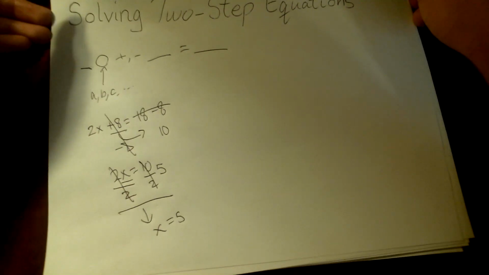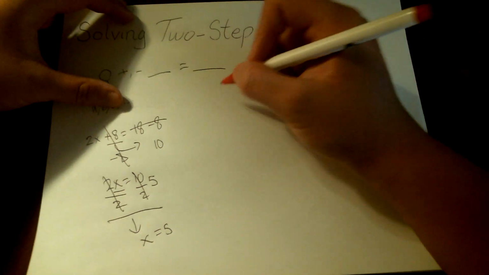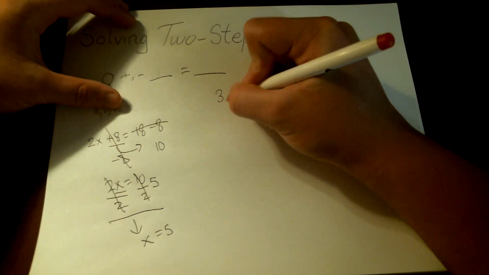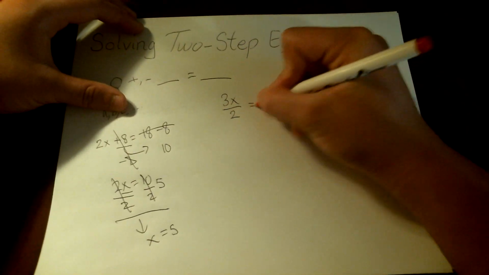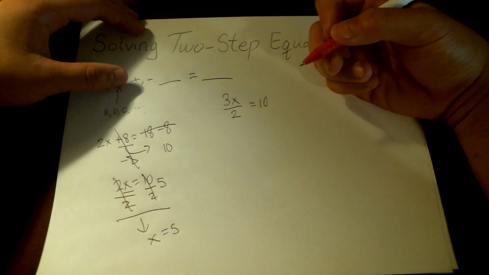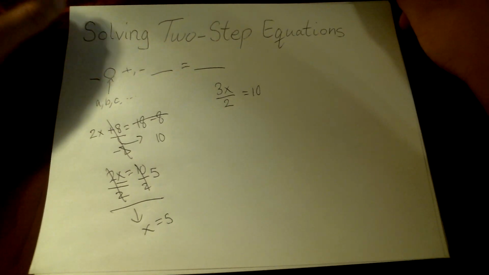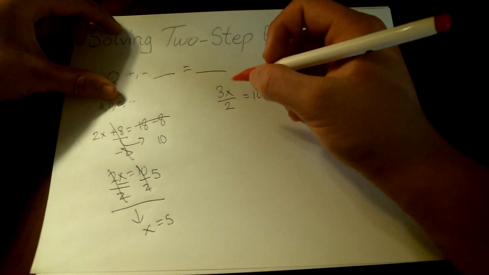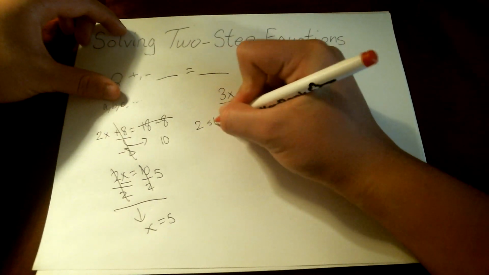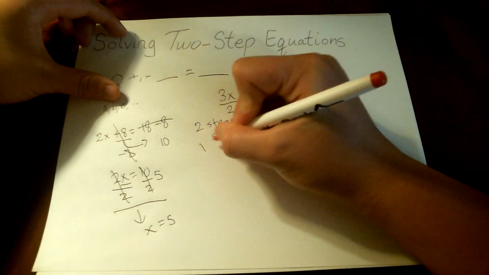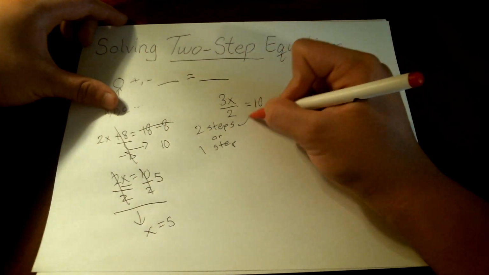So we can also do it differently, and we can do that by 3x over 2 equals 10. So this one is different, but we would still have two steps in order to solve this. So this can take two steps or one step, but just for the sake of this lesson, we'll just use two steps.